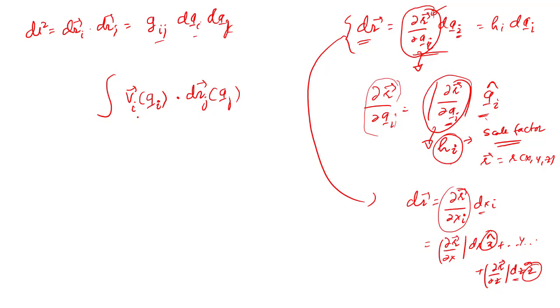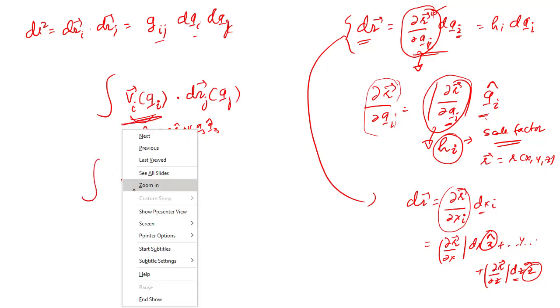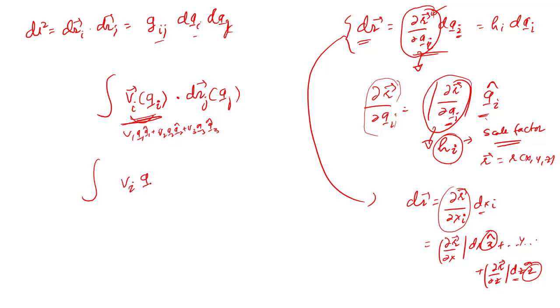So when I say vi qi, once again, that means v1 q1 along q1 plus v2 q2 along q2 plus v3 q3 along q3. That's what we mean by vi qi.